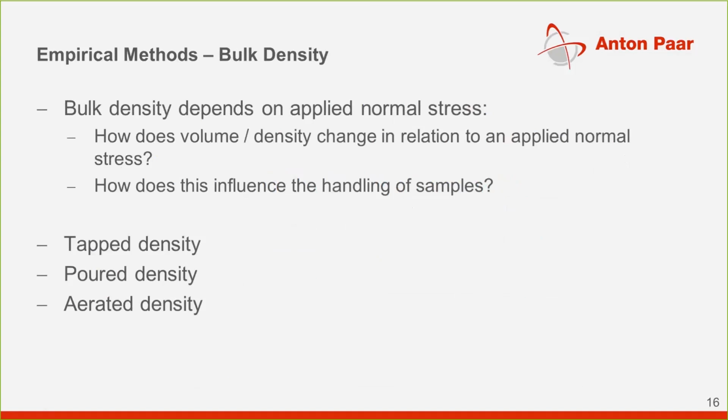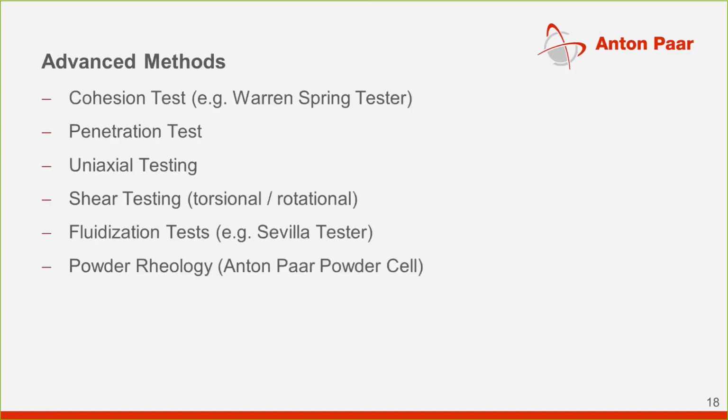Okay, so these were the most important empirical methods, and now we can switch to the advanced methods. Since we're a bit limited in time, I won't be talking about all of them, but we will see the cohesion test. Just roughly, I'll say a few words about the penetration test.